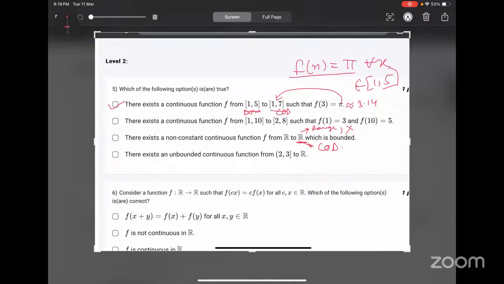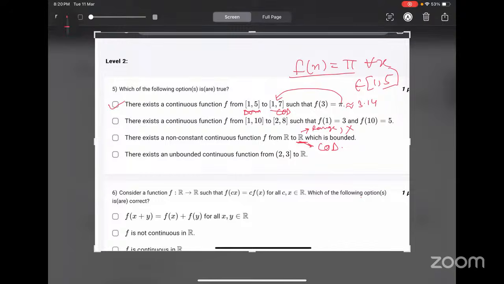That means if I take any point near infinity, such a large number, that number should also have a pre-image. So if R is the range, then we can't define a bounded function. But if R is the codomain, then we can define, right? For example, we can take sin x, which is bounded by 1 and minus 1. But there R is a codomain. But if R is a range, then we can't define.